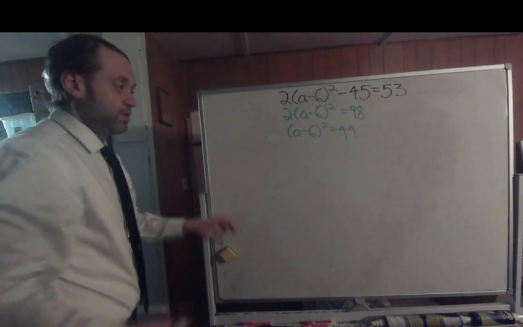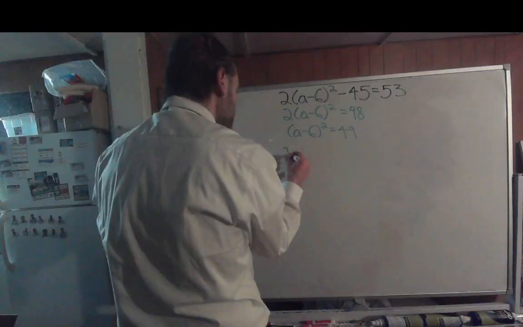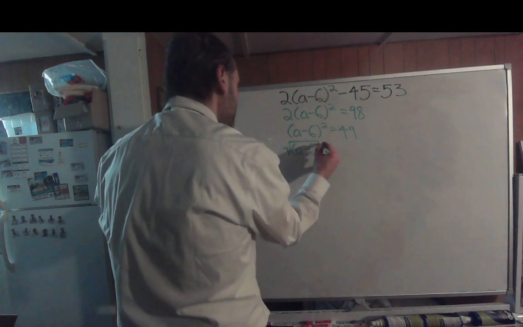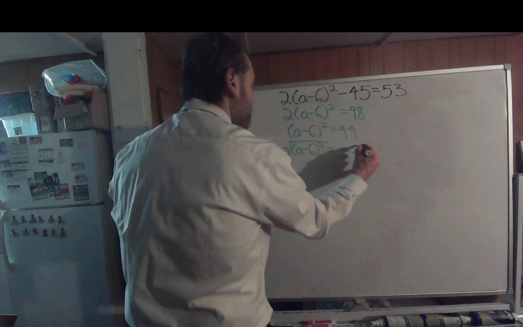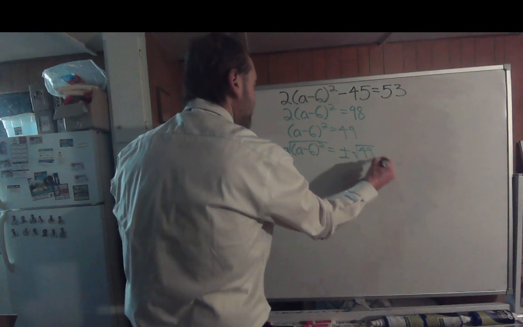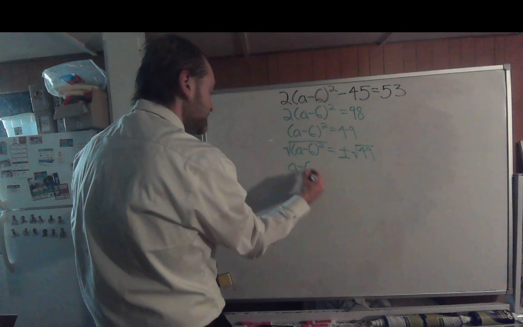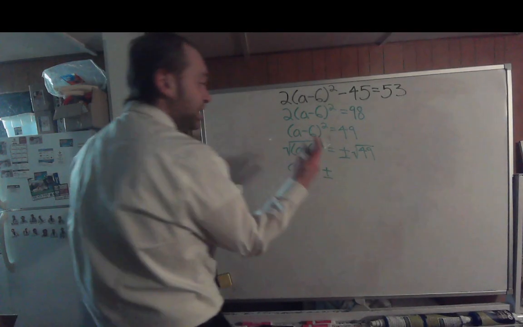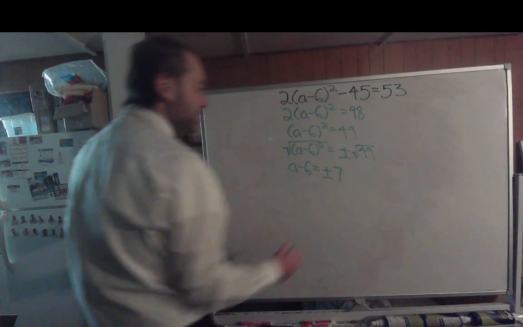Now you've got something you can work with. We'll take the square root of both sides. So the square root of the quantity of a minus 6 to the second power would equal both plus and minus the square root of 49. The left side would just turn into a minus 6. That's going to equal plus and minus, and the good news is 49 is a perfect square, so that'd be plus and minus 7.